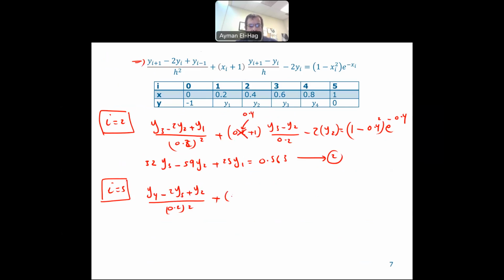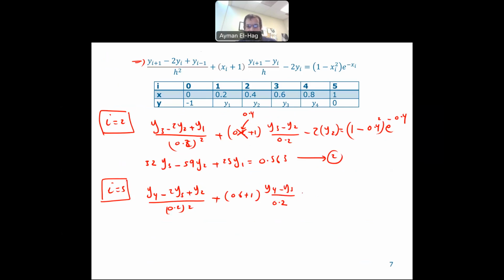And this is here 0.6, plus 1, y4 minus y3 divided by 0.2. h doesn't change, but x is the one that is changing.